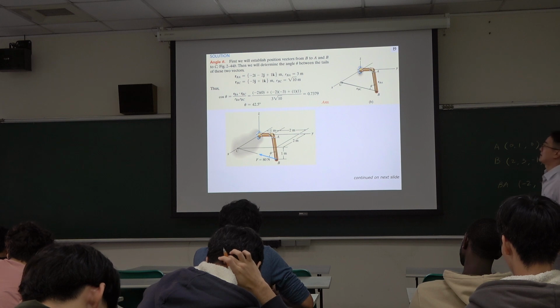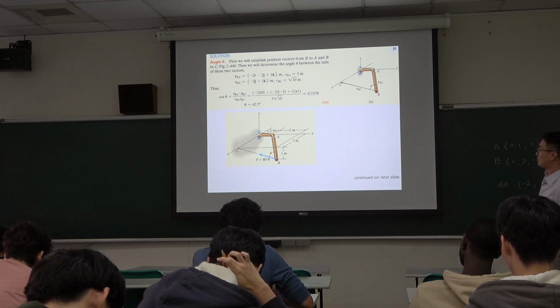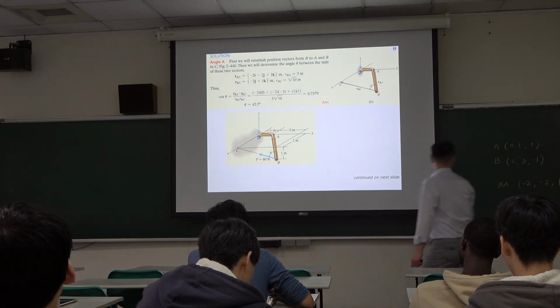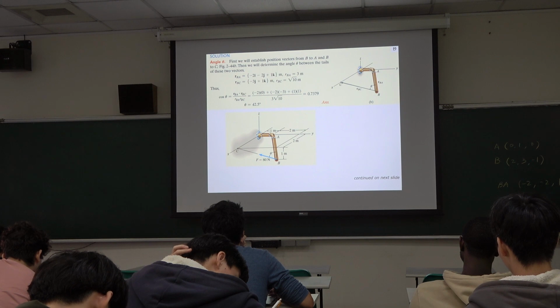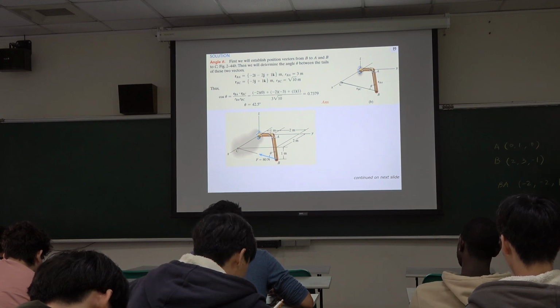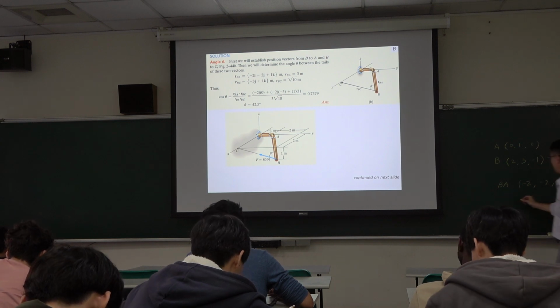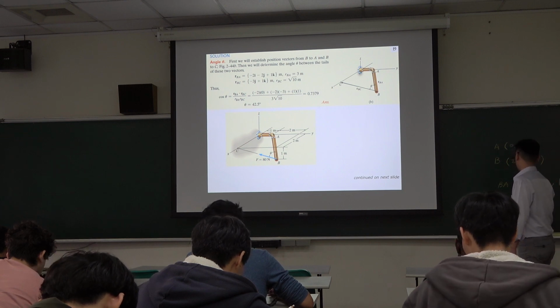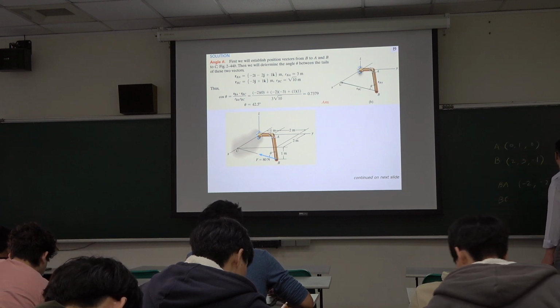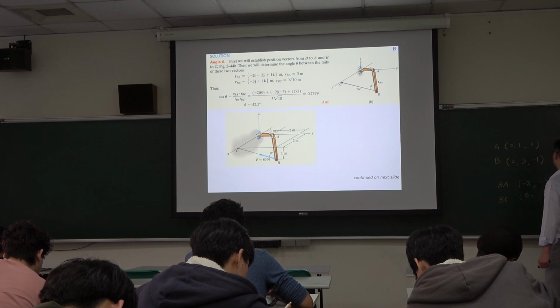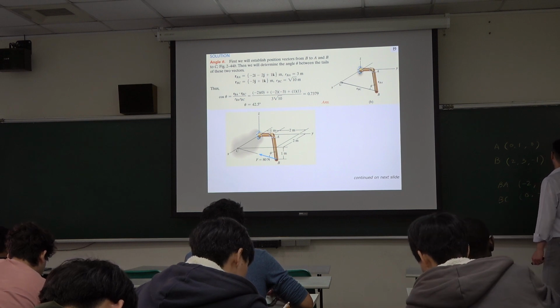Then for the force, it is B to C, and point C has x is 2, y is 0, and z is 0. So B to C, 2 minus 2, 0, 0 minus 2.